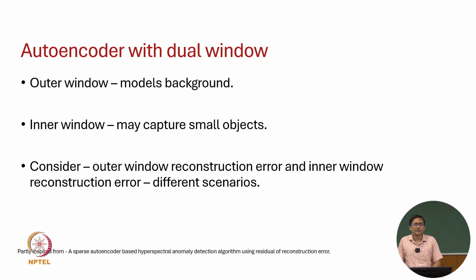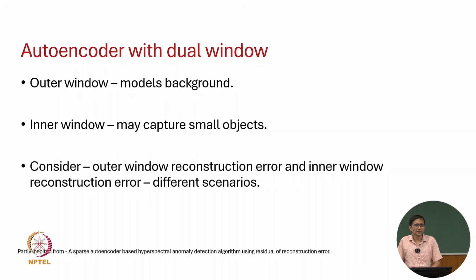We can have two different versions, with a larger window size and with a smaller window size. The autoencoder with the larger window size will be modeling the background, whereas the autoencoder with the smaller window, the inner window, will model the smaller objects or more localized context, I would say.